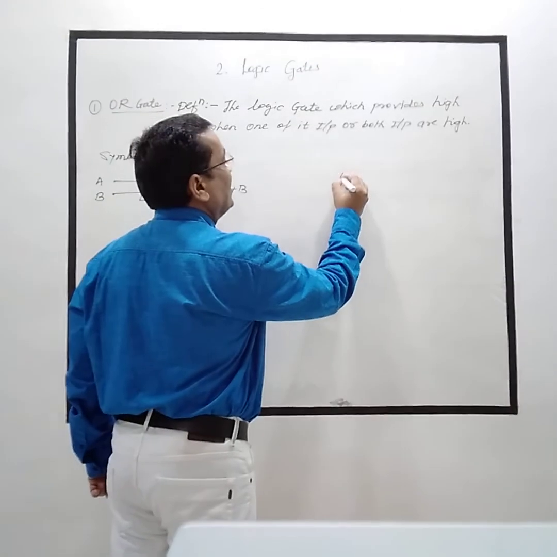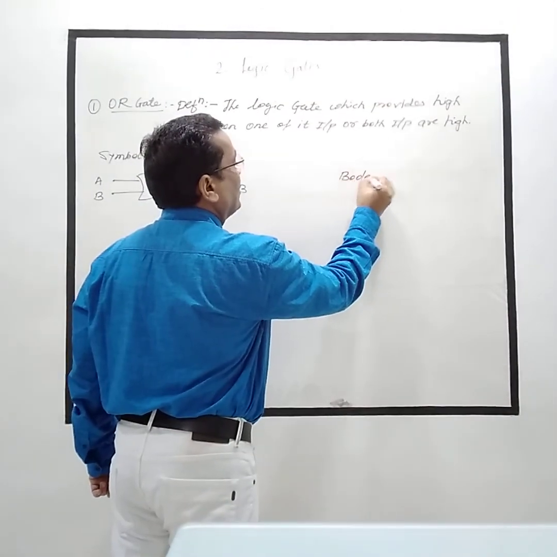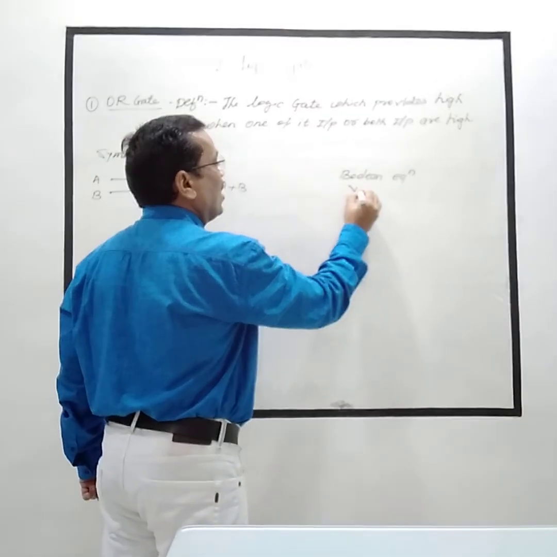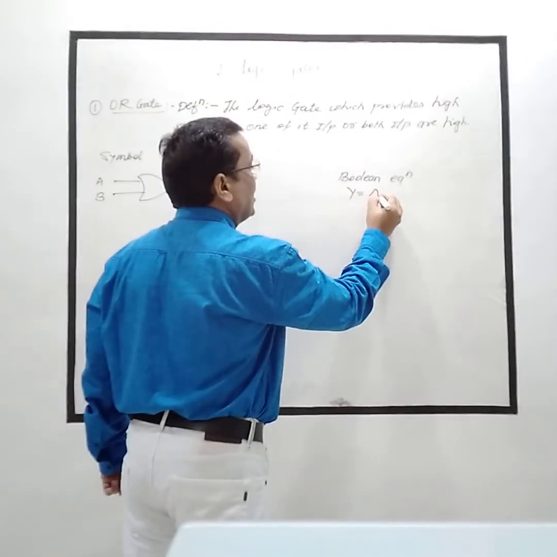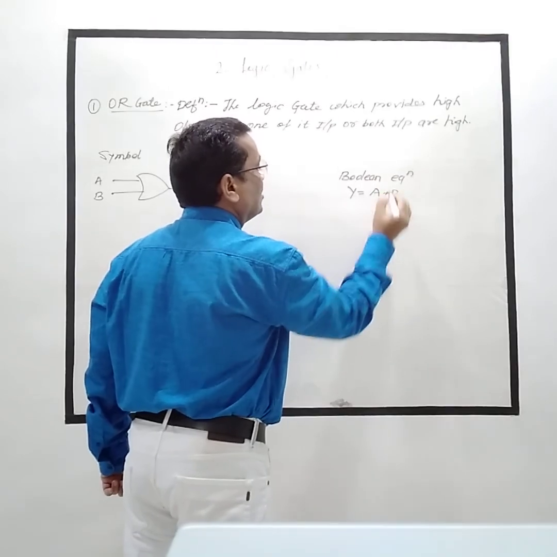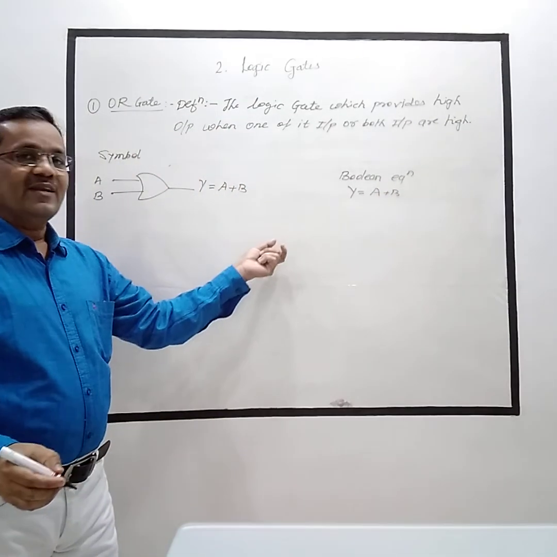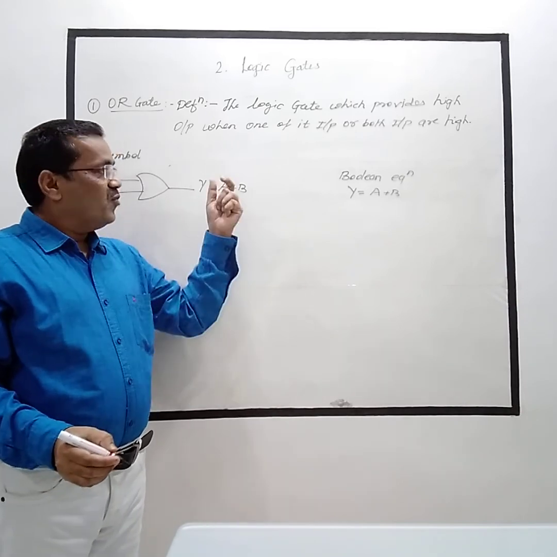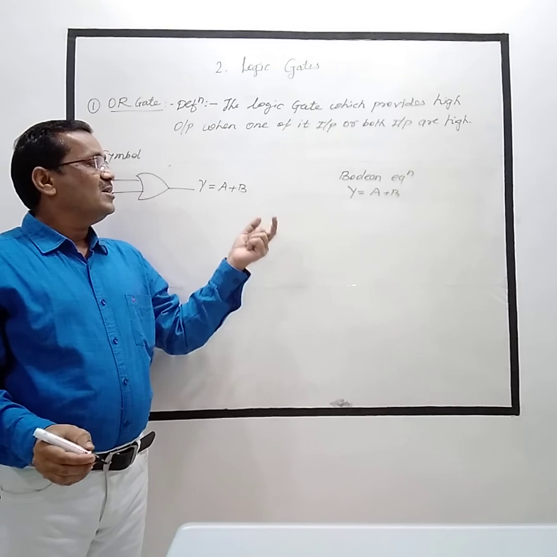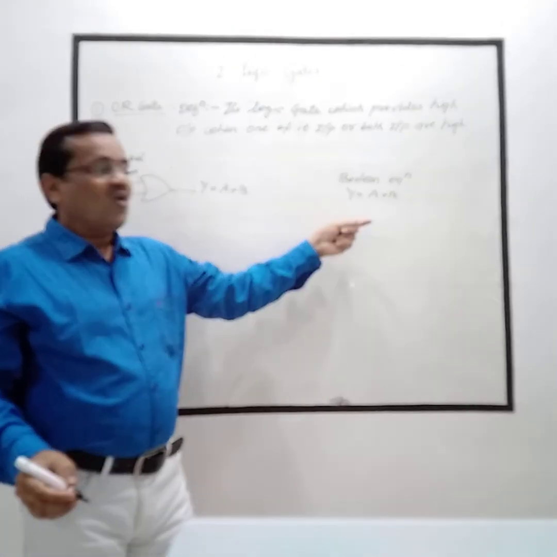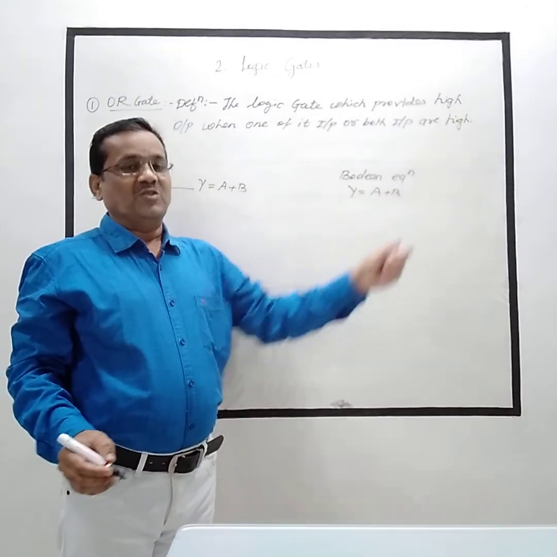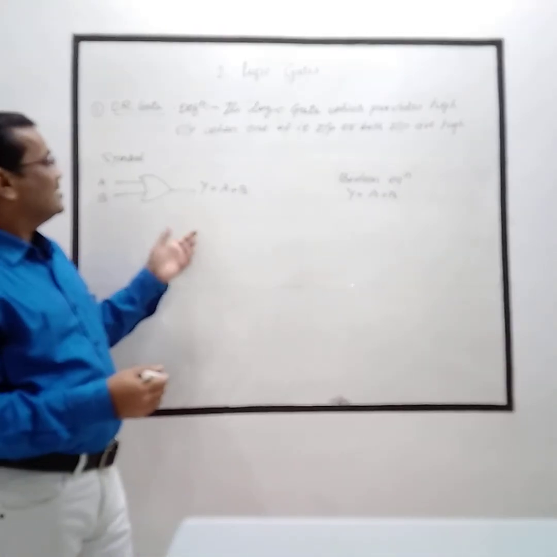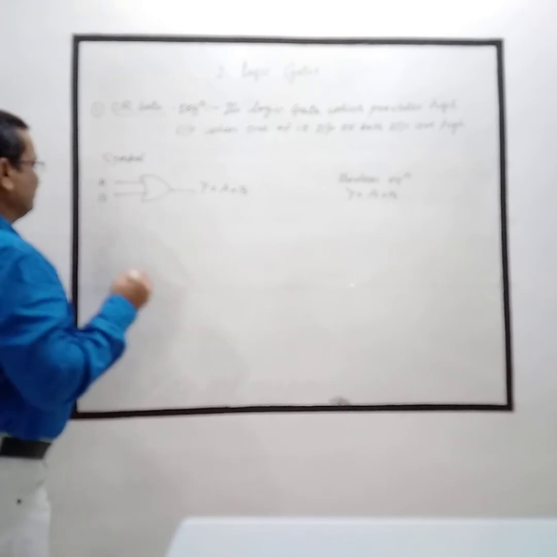Now the Boolean equation for the OR gate is Y is equal to A plus B. The Boolean equation of a gate is the equation which gives the output for different inputs. Next is the truth table.